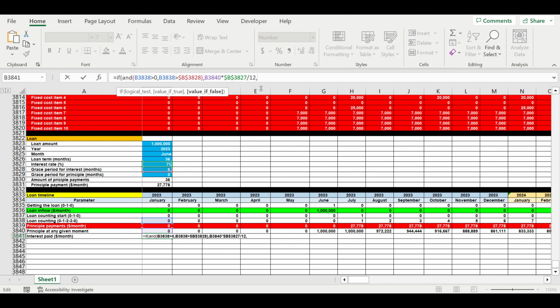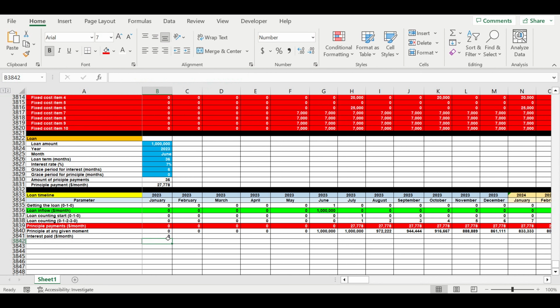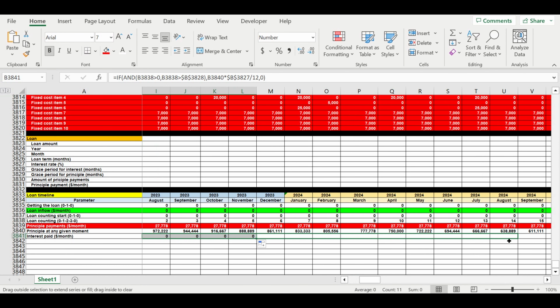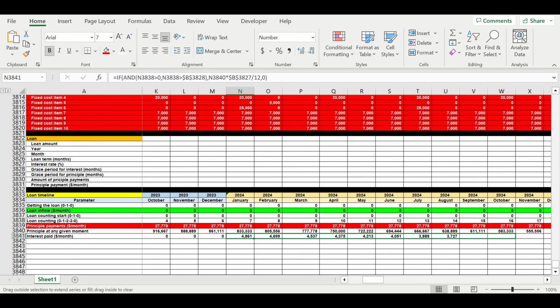Then we close the brackets. So here we can see the interest payments.